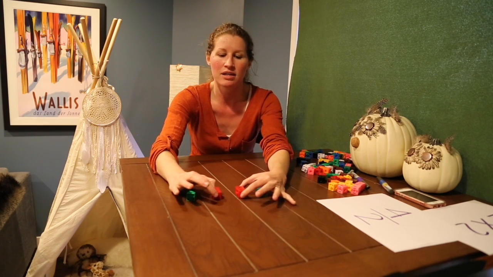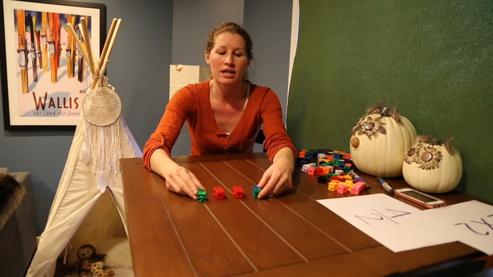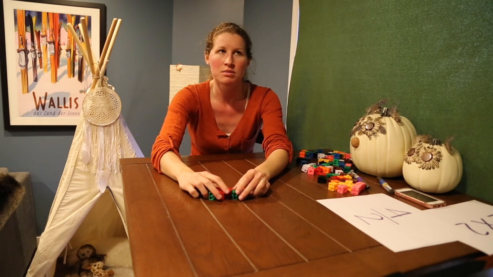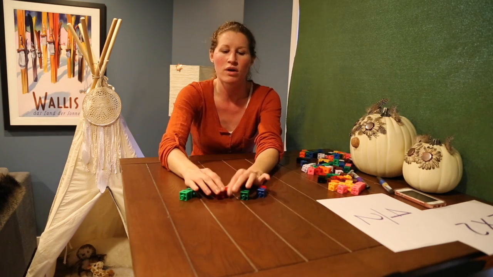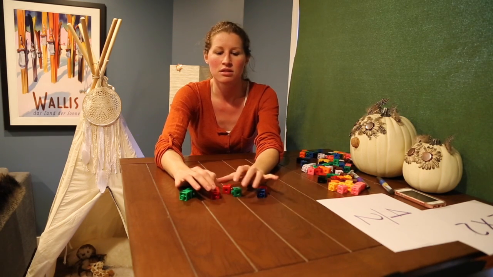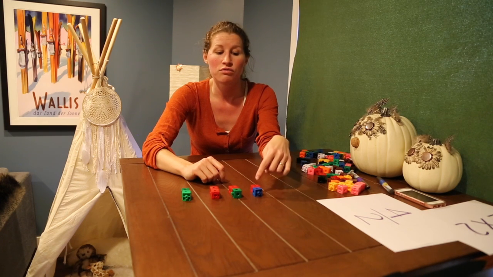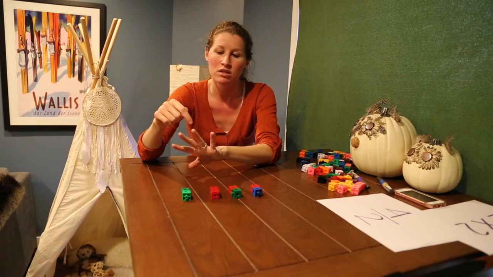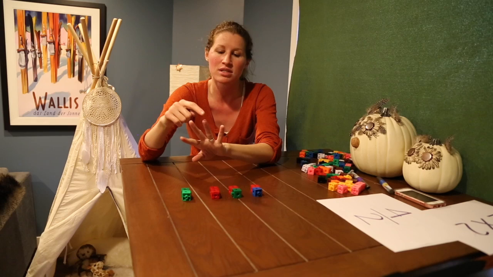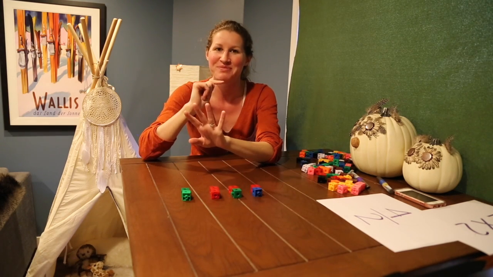Or I can say 8 divided by 4 is 2. Or I can say 4 times 2 is 8, because I have 4 groups of 2. So again, you have 2 times 4, 4 times 2. 2 times 4 is 8, 4 times 2 is 8. 8 divided by 2 is 4. 8 divided by 4 is 2.